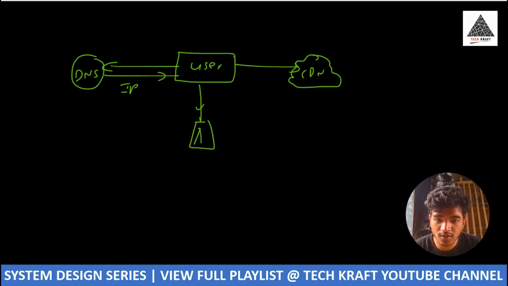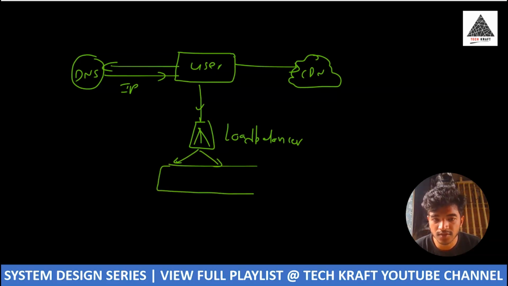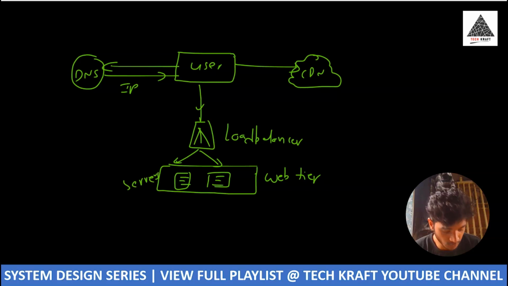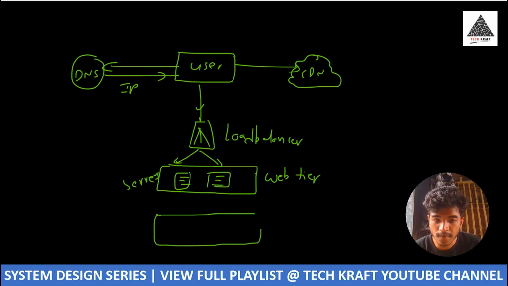The request goes to the load balancer. Now the load balancer will distribute the request to this web tier. These are servers. Now the servers will pass the request to the databases, and of course cache also.